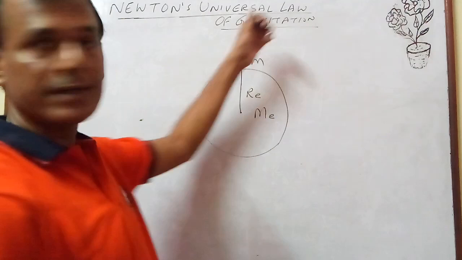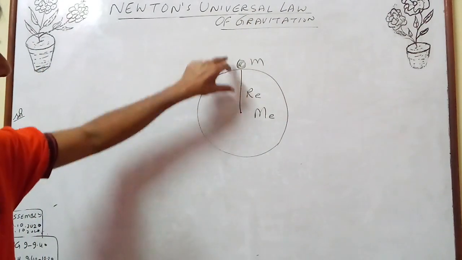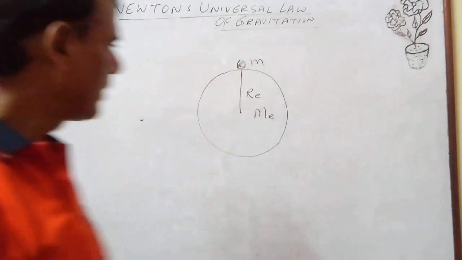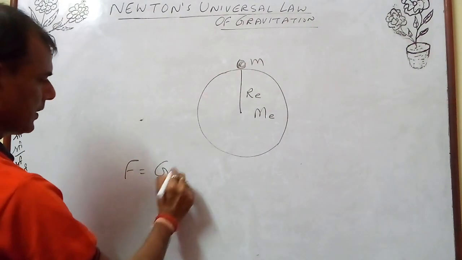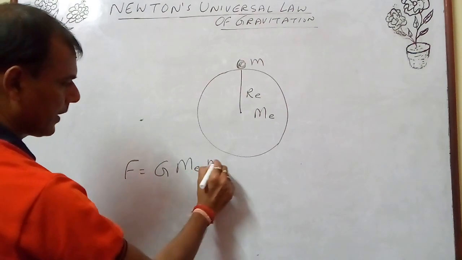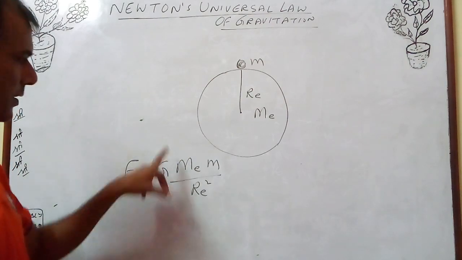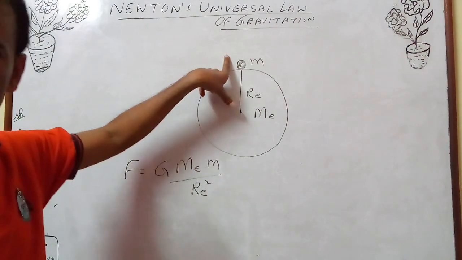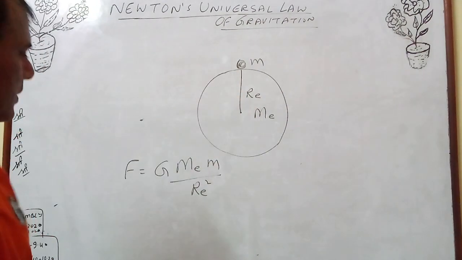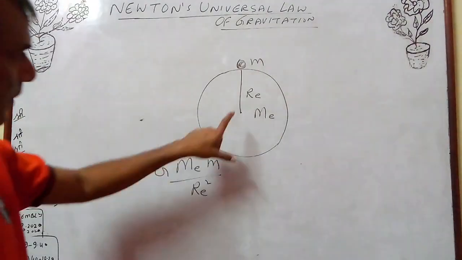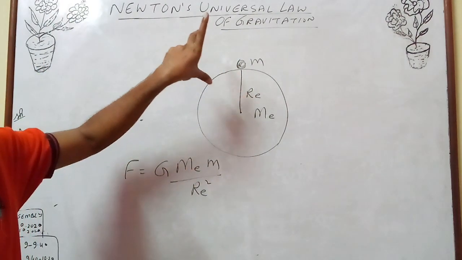By Newton's law of gravitation, the force of attraction between these two objects is F is equal to G M1 M2 upon R square. M1 is the mass of Earth, M2 is the object on the surface of Earth, and the distance between them is the radius of Earth. This is the force by which the Earth attracts this object of mass m kept on the surface of Earth.